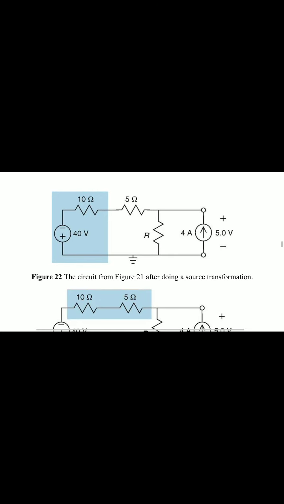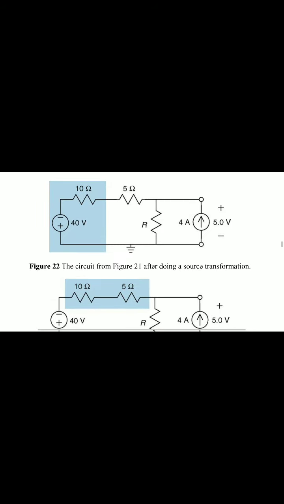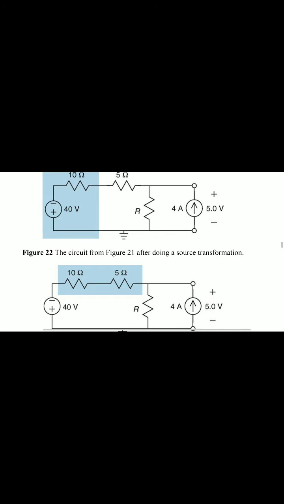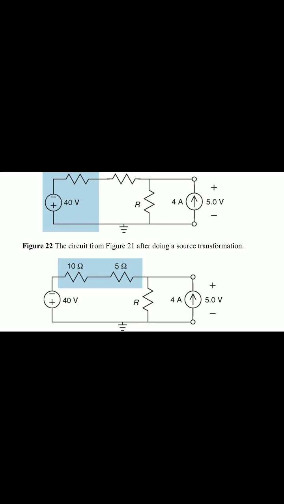Here figure 22, the circuit from figure 21 after doing a source transformation: 40 volts, 10 ohms, 5 ohms. These two resistors are in series.